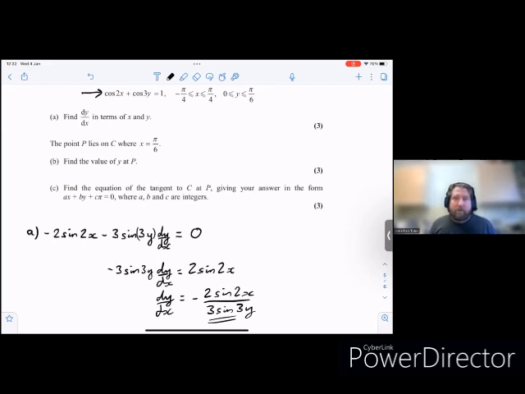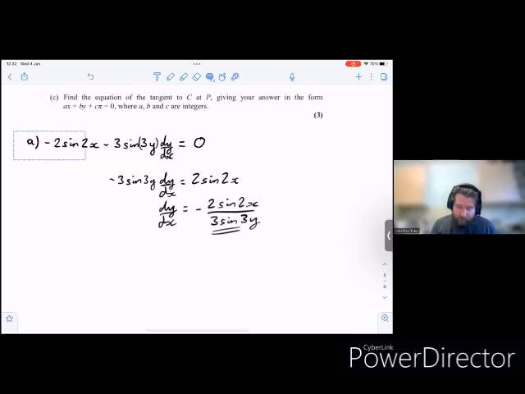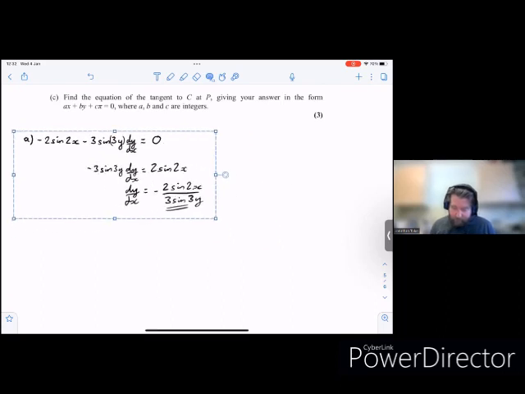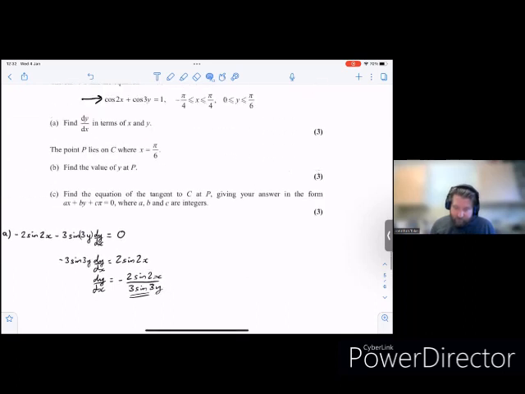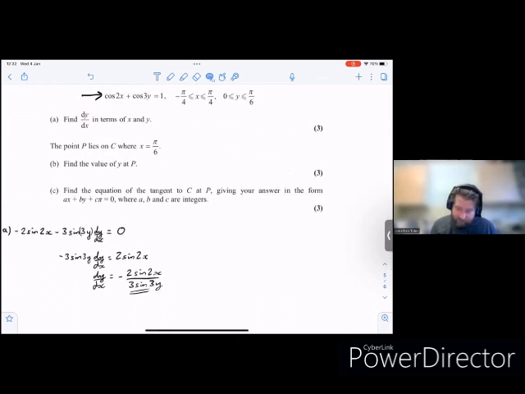And now for the rest of this question, we are being asked to use these answers. I'm just going to put my answers to part A over there so that we can keep the question on the screen as we have got part B. So for B, the point P lies on C where x equals pi over 6.